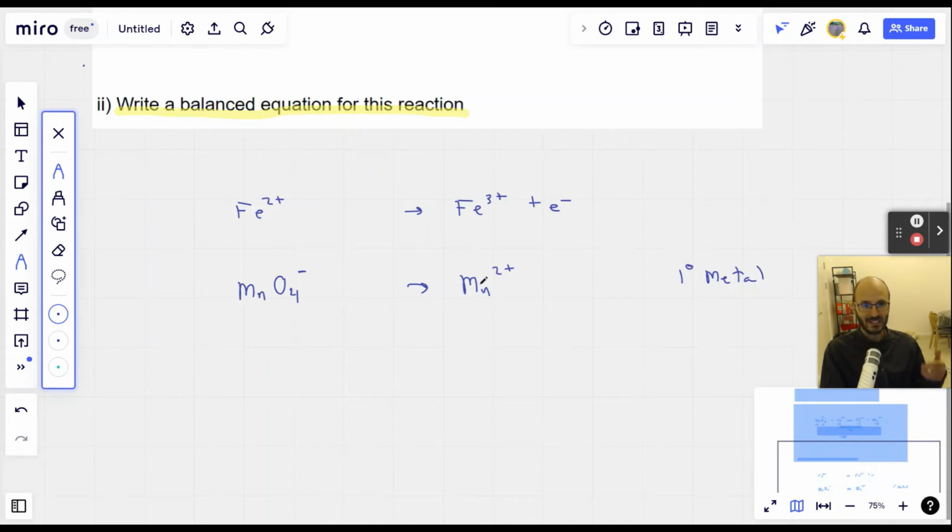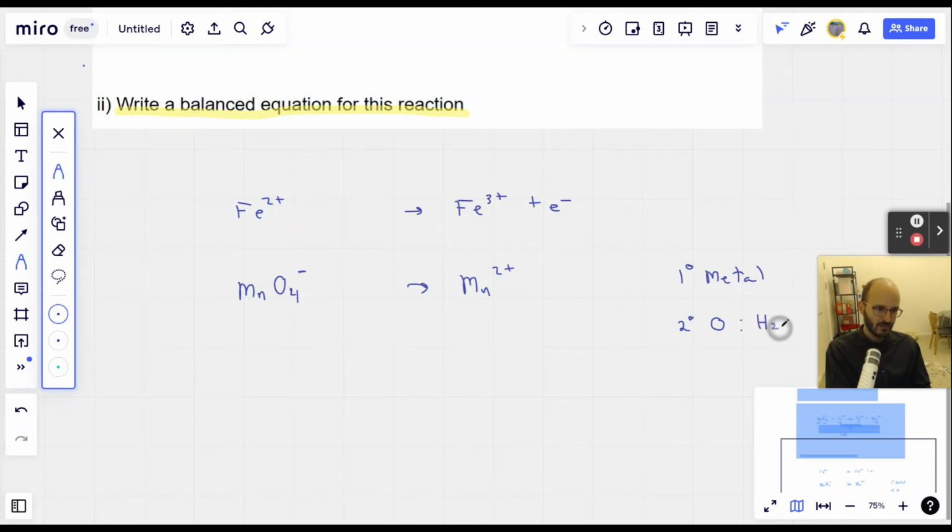But if not, that's the first thing to do. Second thing to do is to balance the oxygens. How do you balance the oxygens? By adding water. So on the left-hand side, you have 4 oxygens. On the right-hand side, you need 4 as well. So you add 4 molecules of water.